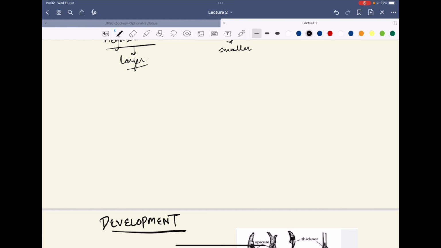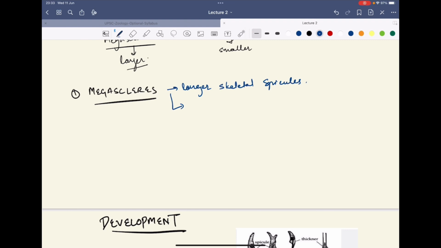When we discuss the megascleres, these are the larger skeletal spicules. They constitute the framework; they form the supporting framework of the sponge.